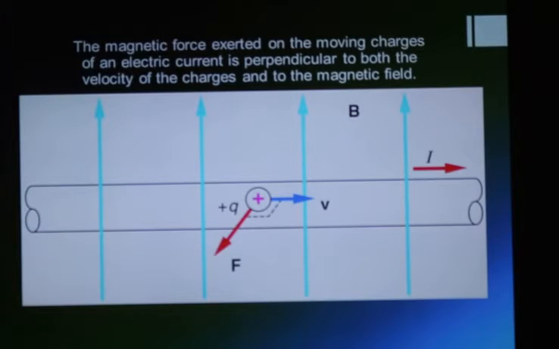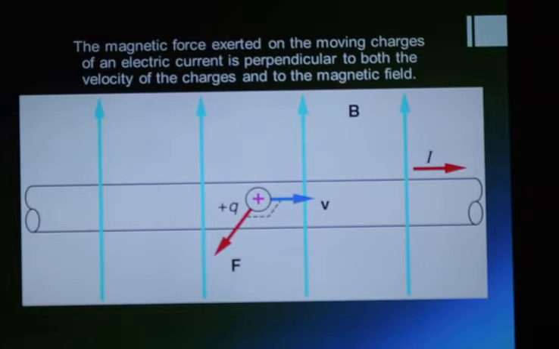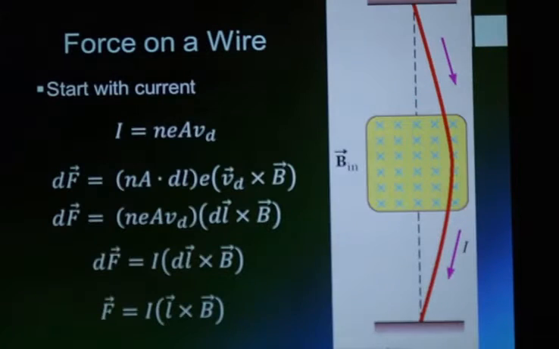In a wire, we actually have negative charge, so the negative charge would be going in the opposite direction, but it would still give us the same direction for the force. Okay? So, this is sort of an artificial way of viewing what's going on. It allows you to use the right-hand rule.